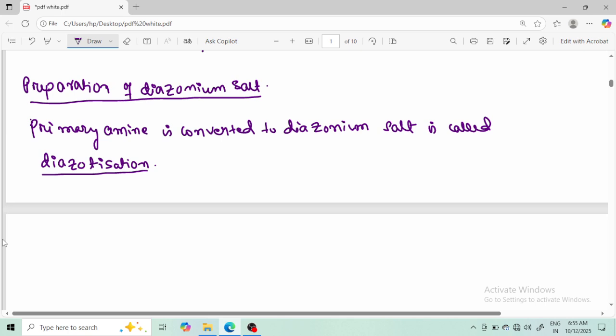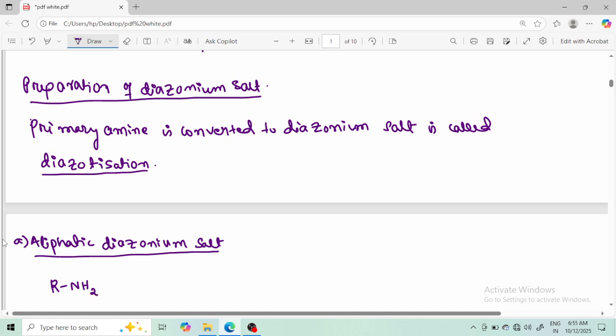Now let us first do preparation of aliphatic diazonium salt. Okay, that's the first one. So here let's take any primary amine, aliphatic amine. Okay, this is 1 degree, right? And let's say it's reacting with nitrous acid.